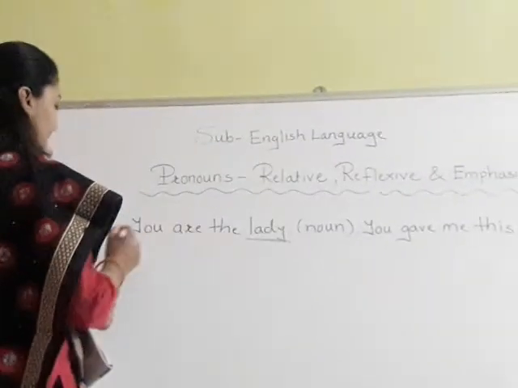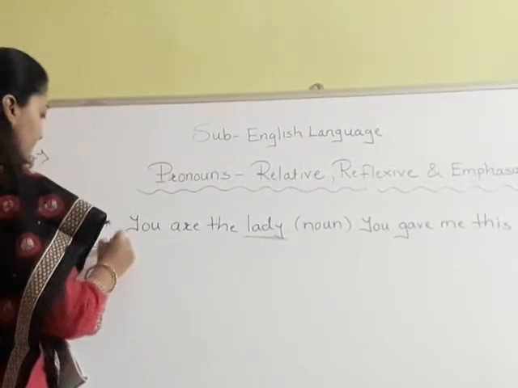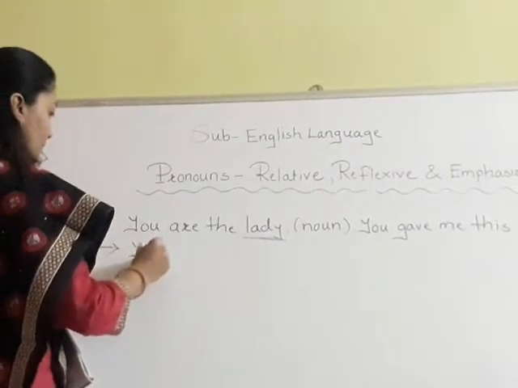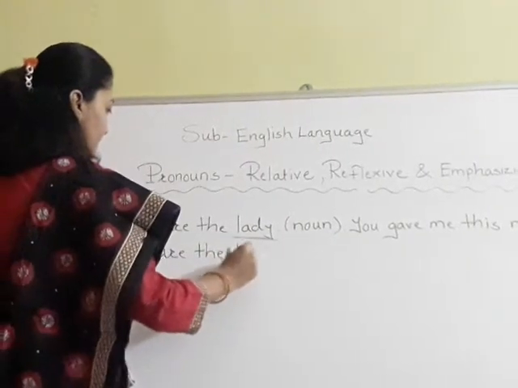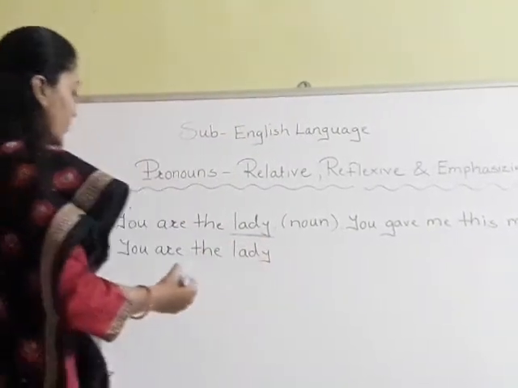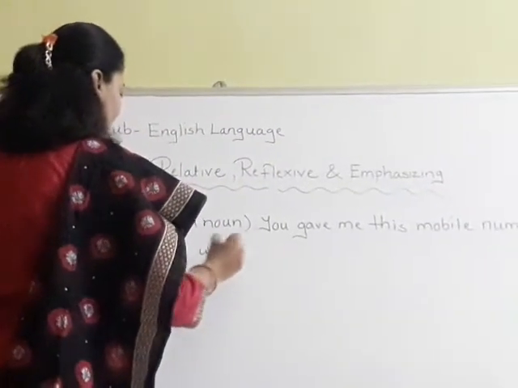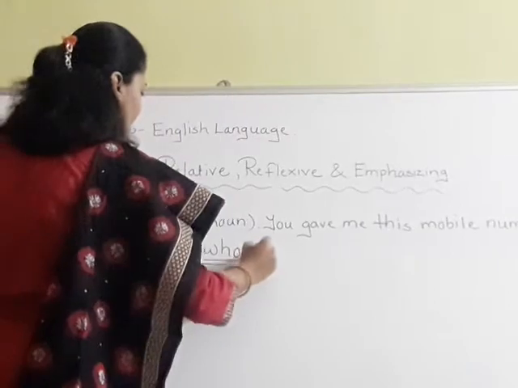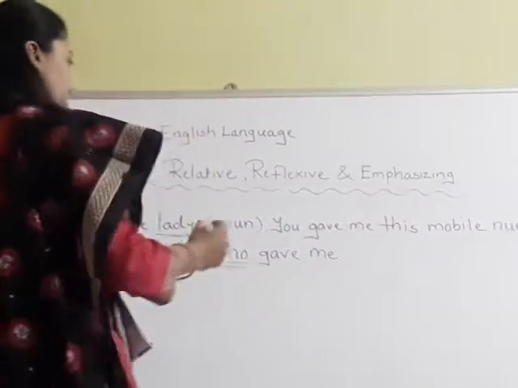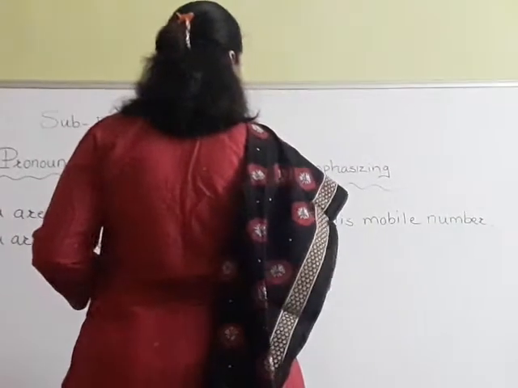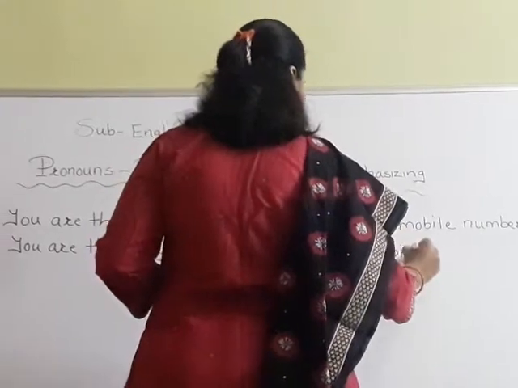You are the lady. The answer of this is: you are the lady who gave me this mobile number. So we can use here who gave me. Here you have to write down who gave me this mobile number.